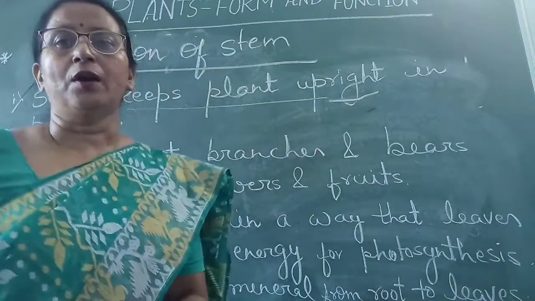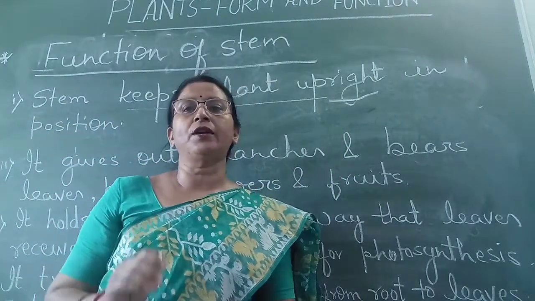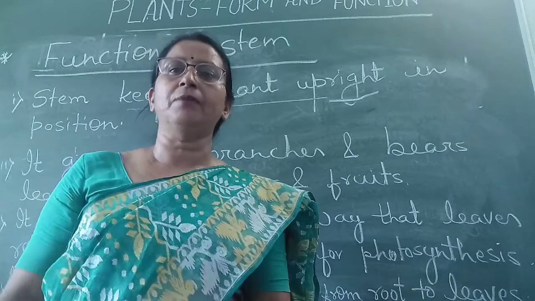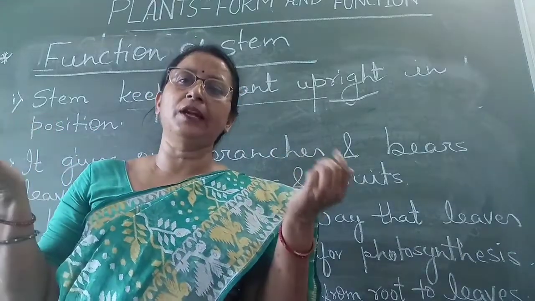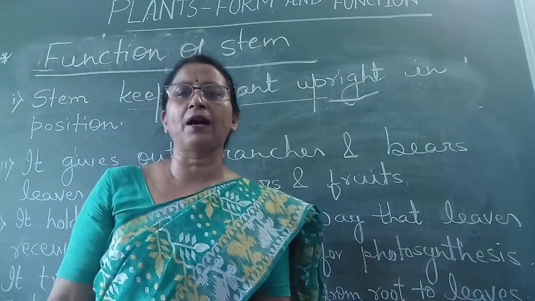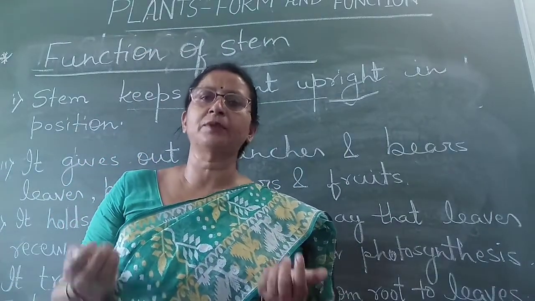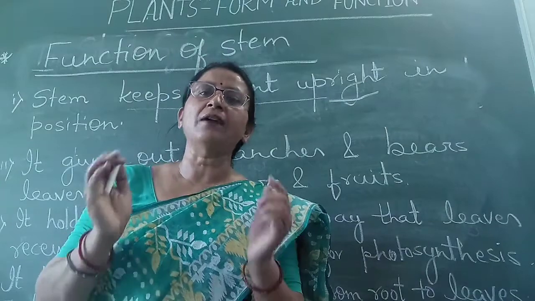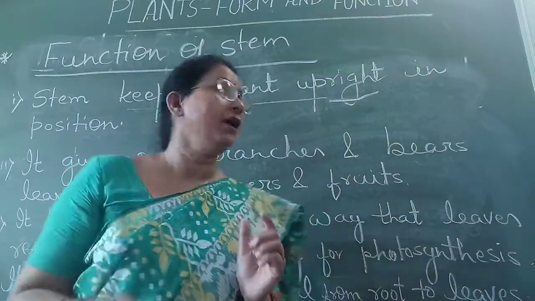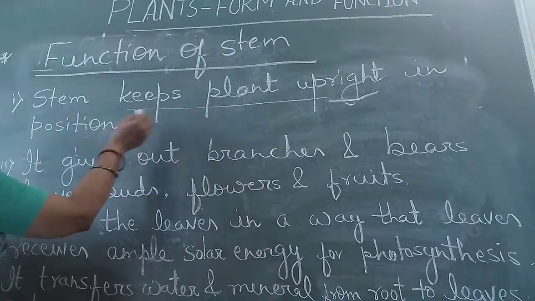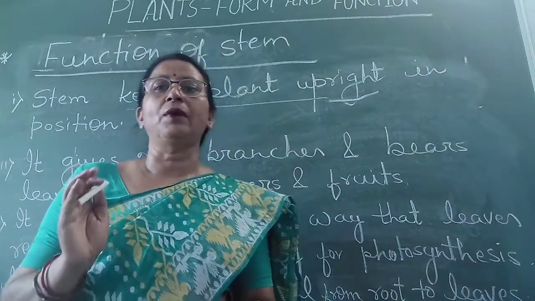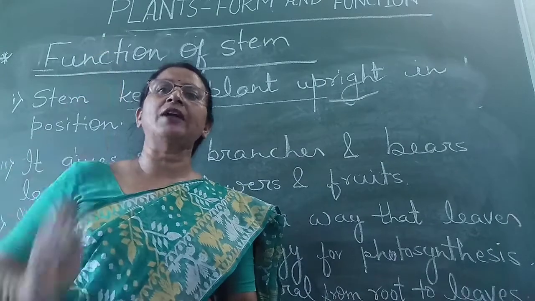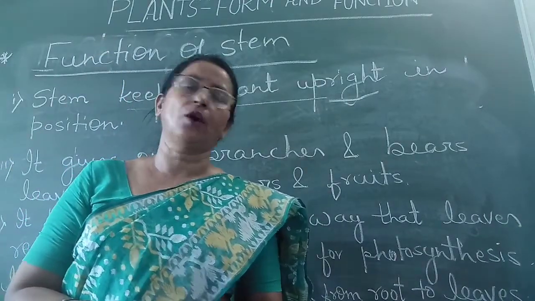As you know, only the root of the plant is below the soil, but the stem, shoot, leaves and other aerial parts are above the soil, and plants are upright in position. Why? Due to the stem, because the stem plays the main role when it is woody and strong, and the size of the plant will also be taller.